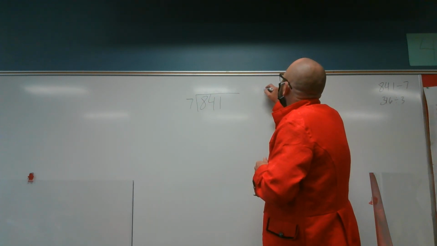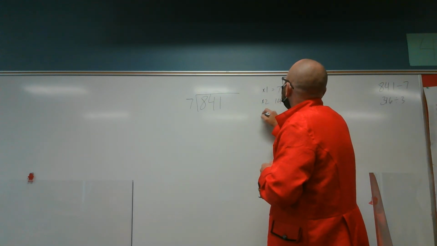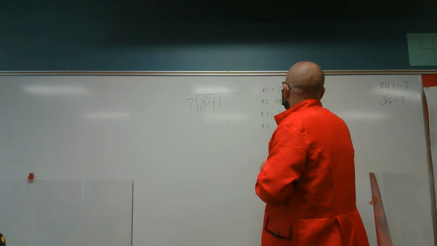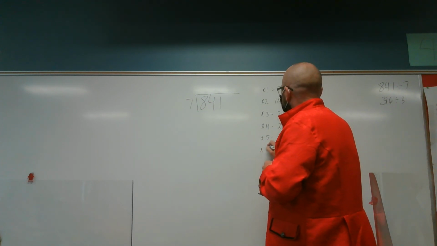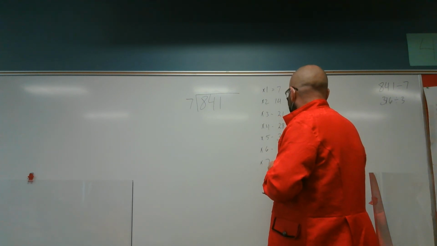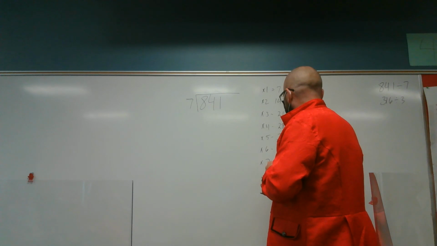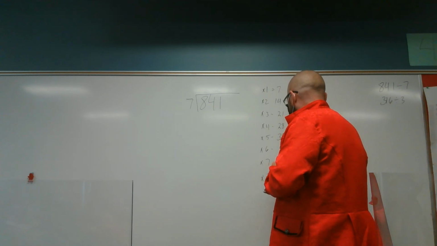So I do times 1 is 7, times 2 is 14, times 3 is 21, times 4 is 28, times 5 is 35, times 6 is 42, times 7 is 49, times 8 is 56, and times 9 is 63.